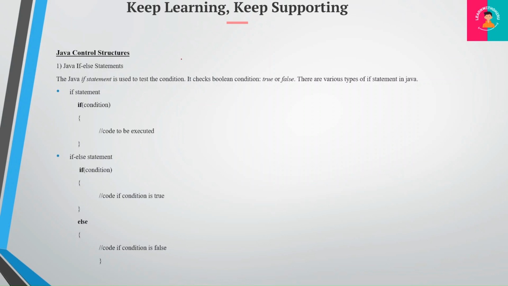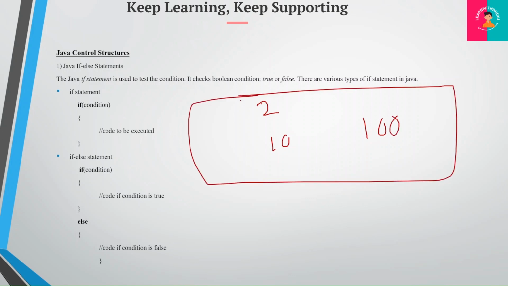Then let's start with the Java control structures. Consider you have two or three values and you want to compare which one is greater, like 10 and 100. We want to print which one is greater. Here Java control structures come in, and this is a very important thing.